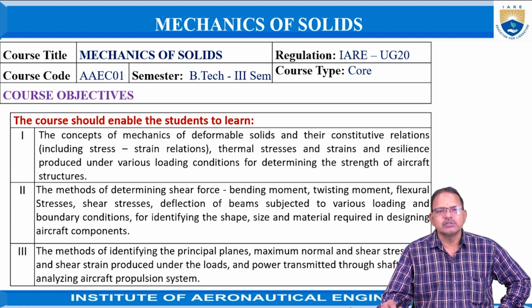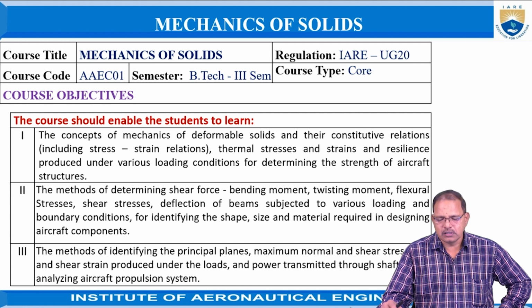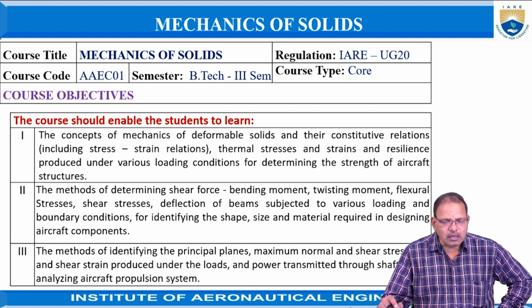The second course objective is the methods of determining shear force, bending moment, twisting moment, flexural stresses, shear stresses, and deflection of beams subjected to various loading and boundary conditions, for identifying the shape, size and materials required in designing aircraft components depending on their operations.